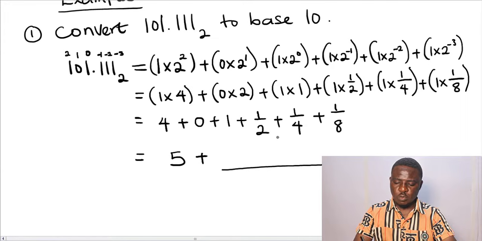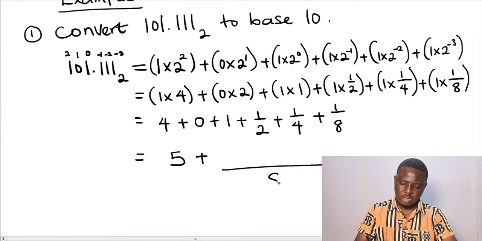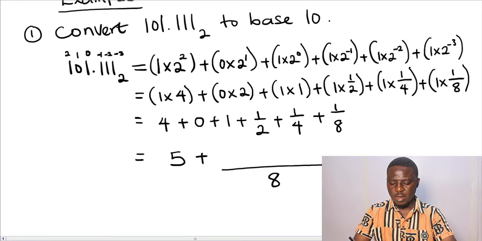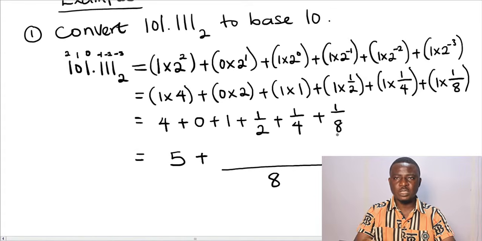What's the LCM of 2, 4, and 8? The LCM is 8. I have gotten a new denominator for these fractions. To get a new numerator for this expression, I'm going to divide the new denominator, which is 8, by each of the old denominators to be multiplied by the old numerators to get the new numerators for this expression.